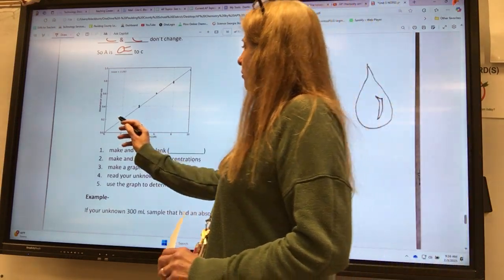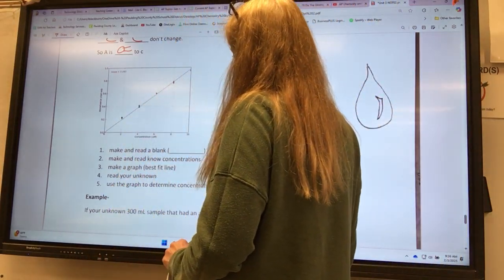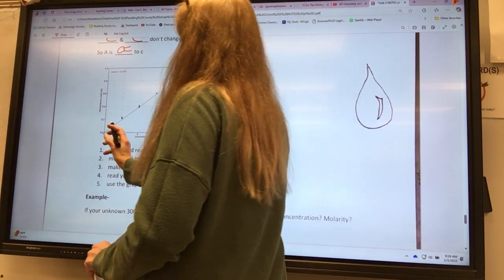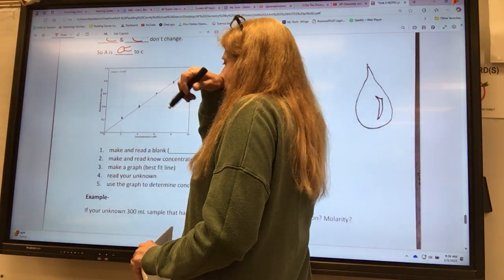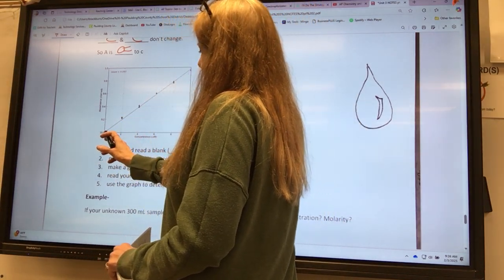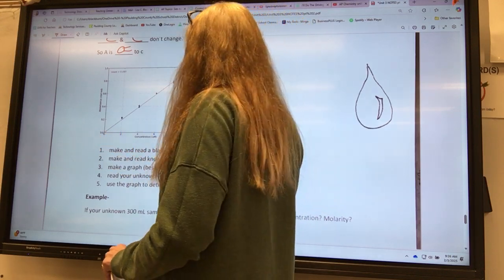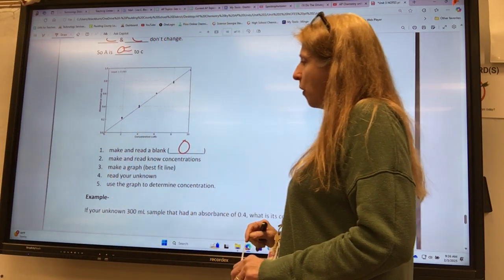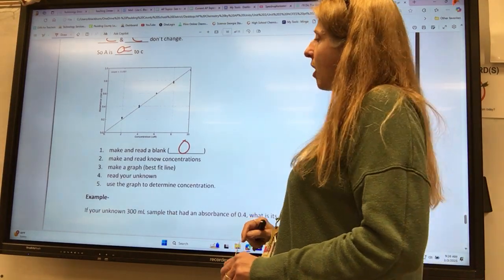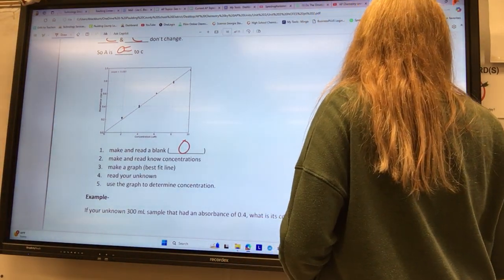And you draw your best fit line through it. First, to get your graph, you want a 0 point. So the very first thing you do is put distilled water in your cuvette, and you get a 0 point. You need a 0, or else you won't have one on your graph.